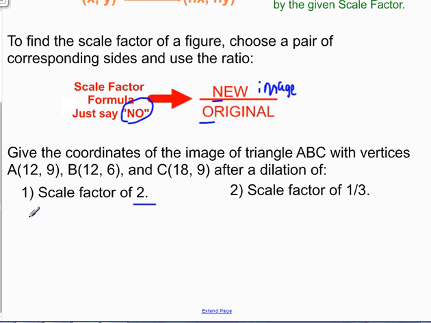So we're going to actually watch here. If I have A, and I have (12, 9), just like it said before, I have to multiply both the x and the y by the scale factor, in this case 2. So my image of A will be 12 times 2, which is 24, and 9 times 2, which is 18.